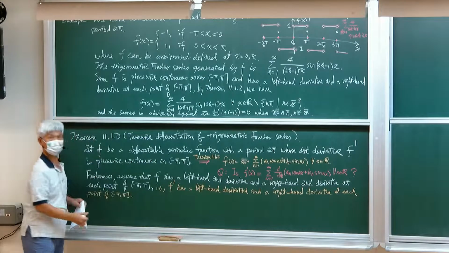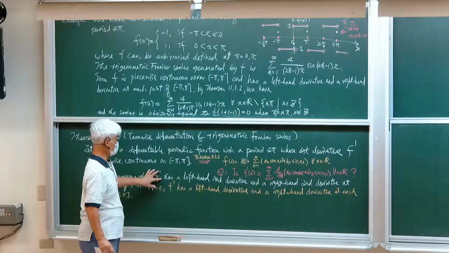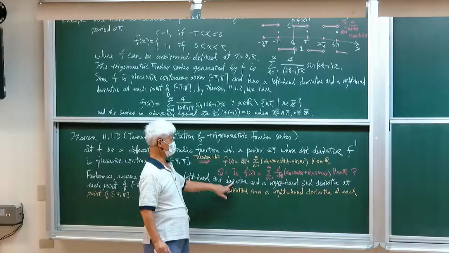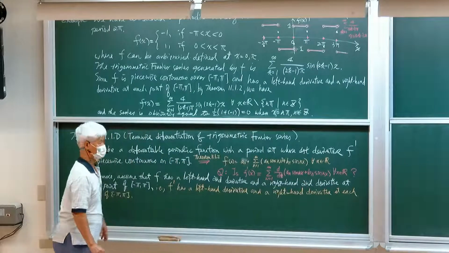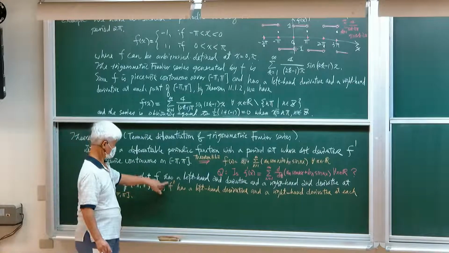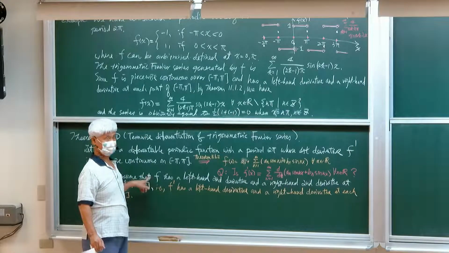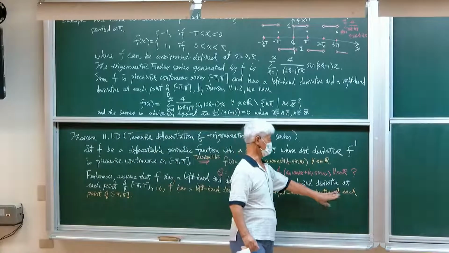So when we say f, the original periodic function, has a left-hand second derivative and a right-hand second derivative at every point of this one period, it means that the first derivative of f has a left-hand derivative and a right-hand derivative at each one.